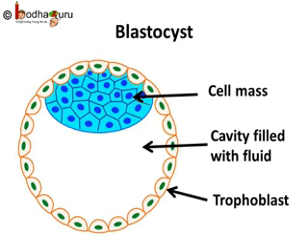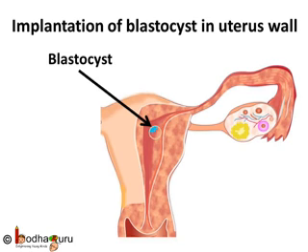It is just a sphere made of cells. No organs have developed yet, and it is not an embryo right now. The blastocyst has a diameter of about 0.1 to 0.2 mm and comprises 200 to 300 cells. The blastocyst gets attached to the inner wall of the uterus.